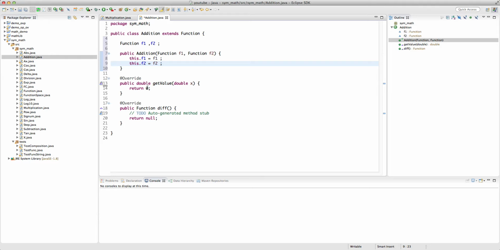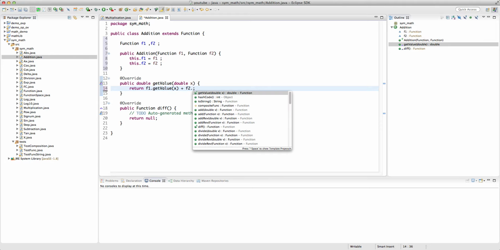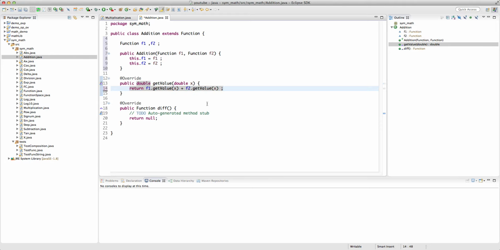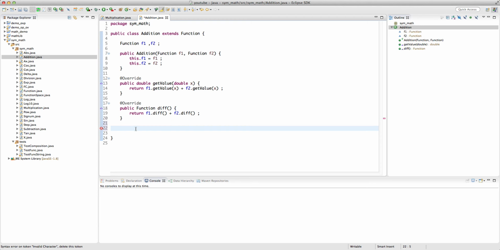And if we want to override the get value, we just get f1 getValue plus f2 getValue. So getValue is easy, and the diff is also easy, f1.diff plus f2.diff. And then we want to also implement the toString method.